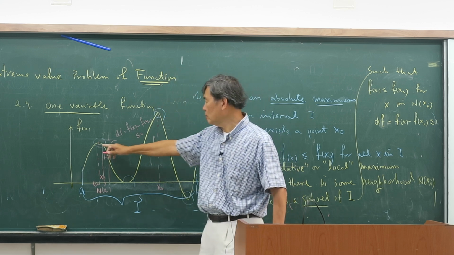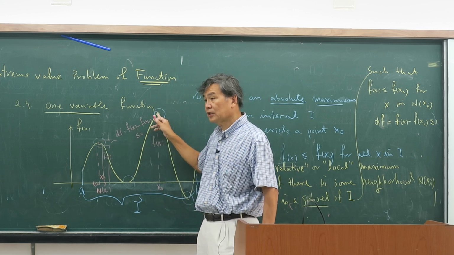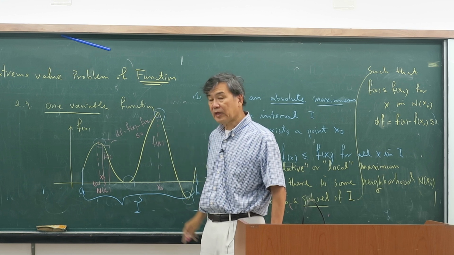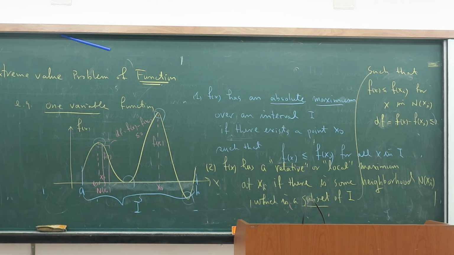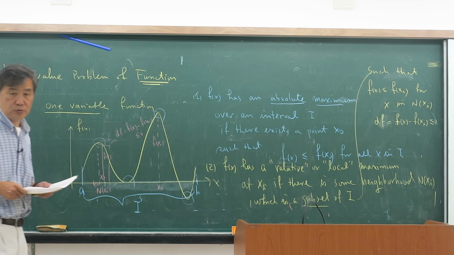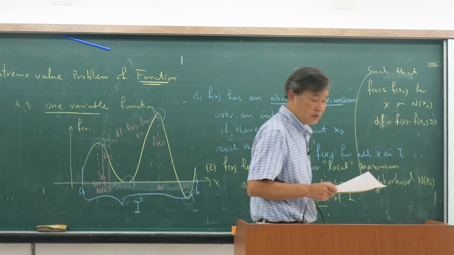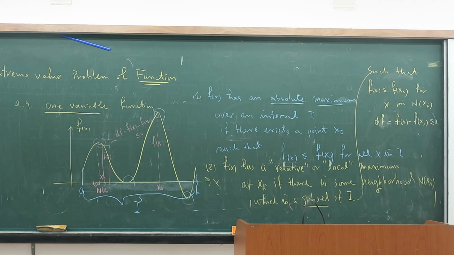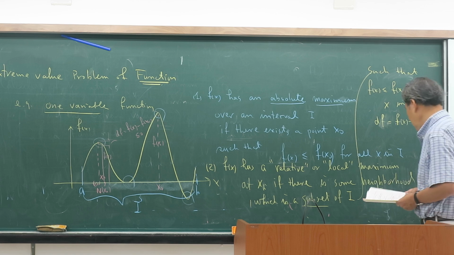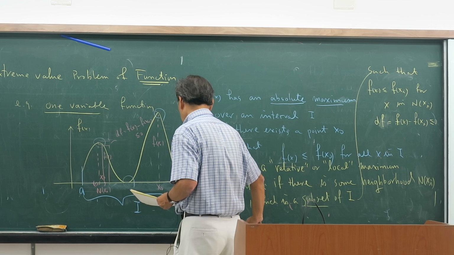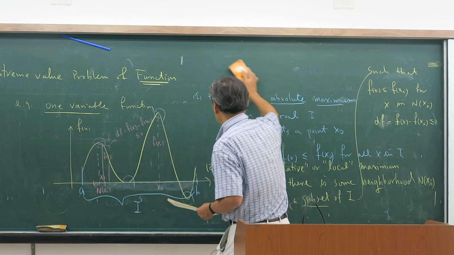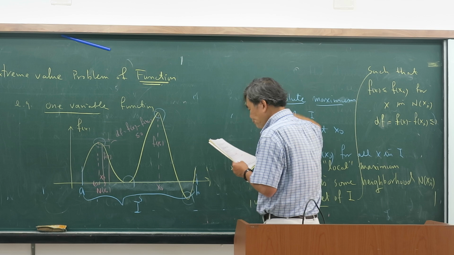So this is a local maximum. The center point here is a local maximum. So an absolute maximum should be a local maximum. Absolute maximum versus local relative maximum: local versus global. So from the theory, what we find as a local maximum, we have the criteria.